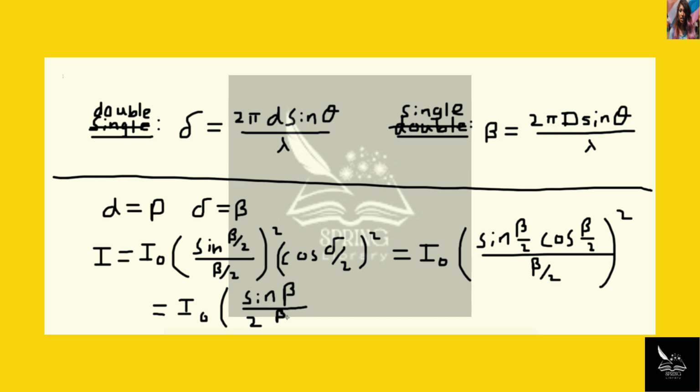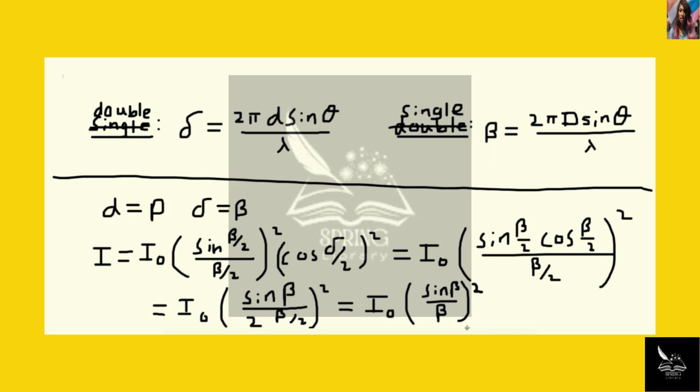And then this gets divided by beta over 2. You still have that on the bottom. This is all squared. Obviously, the 2's cancel, and you have I naught times the sine of beta divided by beta, and then all these values get squared.